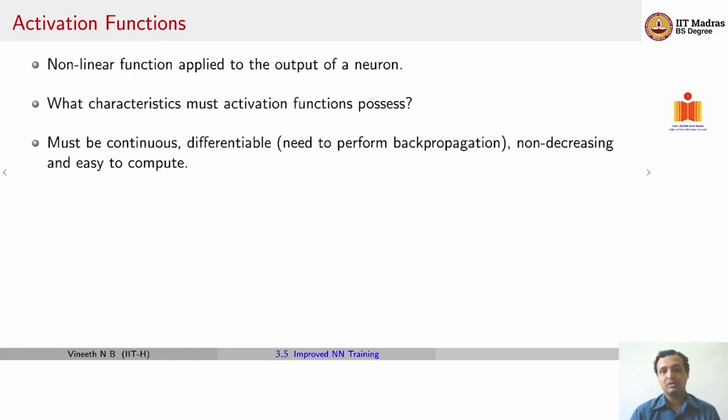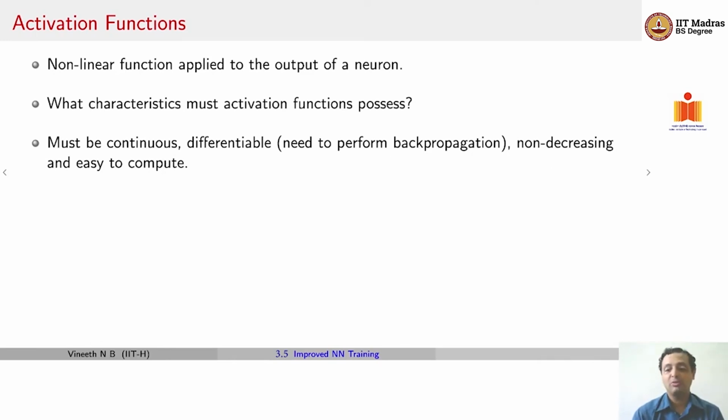There are a few important aspects. The functions must be continuous, so that you don't have discontinuities where the gradient is not defined. It must be differentiable, because we need to perform backpropagation. It must be non-decreasing too.